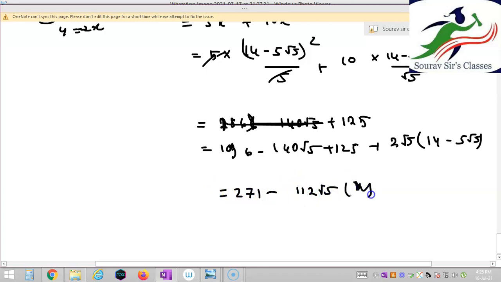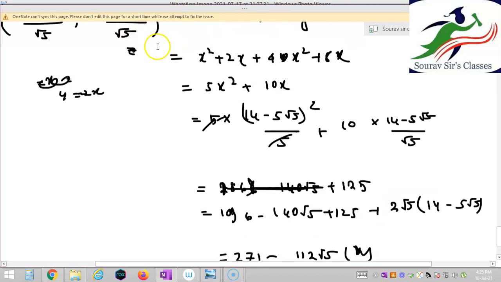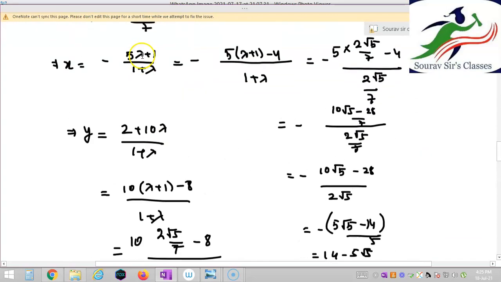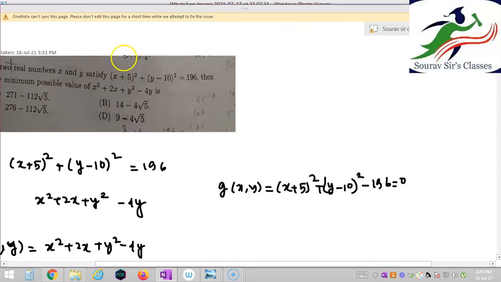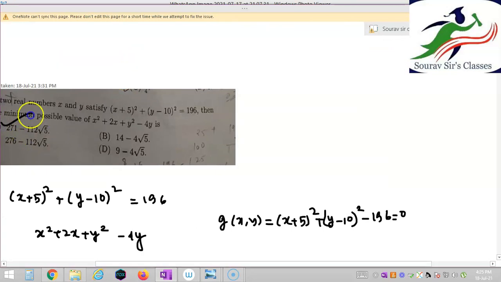So this is our answer. So you can see that this is our option A. So option A is our correct option. Okay students.